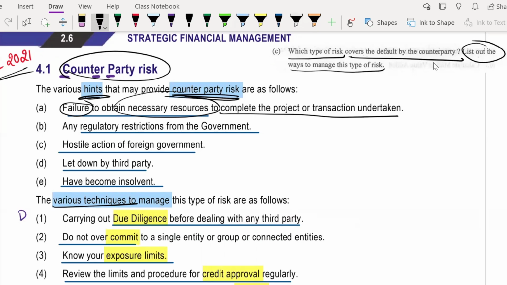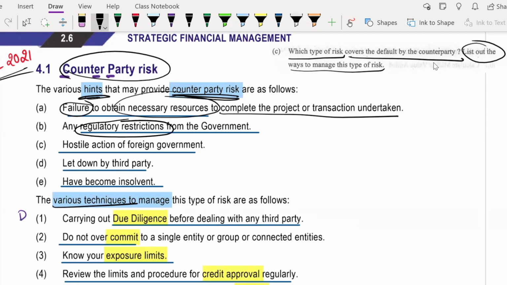Suppose the counterparty had to give you some money. Now you did not take a written representation, a signed agreement, that they will have to pay you before this date. So now they just keep extending the payment and are not paying you back. Such failure to obtain resources to complete the project or transaction is a counterparty risk.